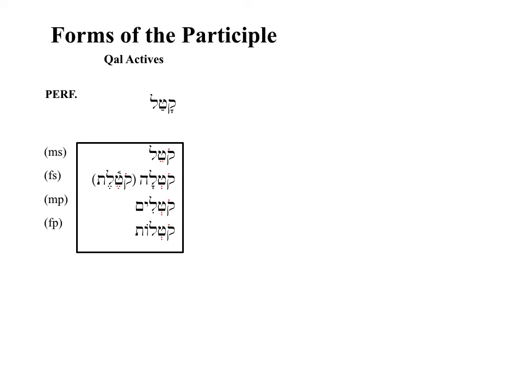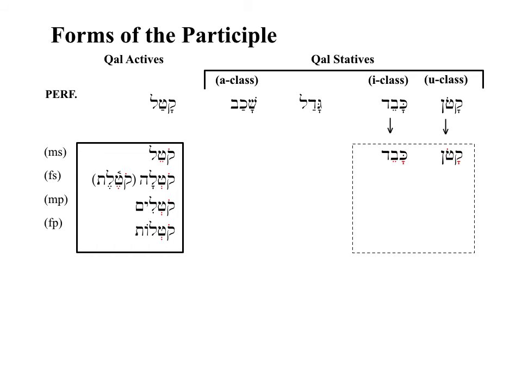But as you learned in the chapter on Qal perfects, we also have Qal statives. There are verbs that have a stative meaning. They describe not an action, but a state of being in which one finds himself or herself. So here we have the verbs shakav, to be lying down, gadal, to be great, kaved, to be heavy, and katon, to be small.